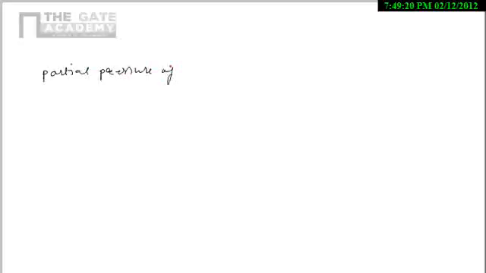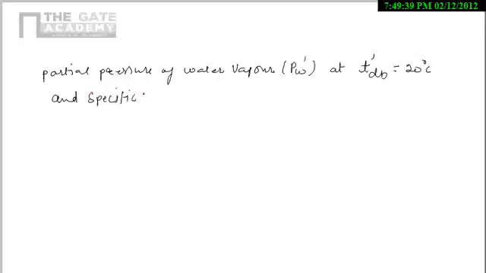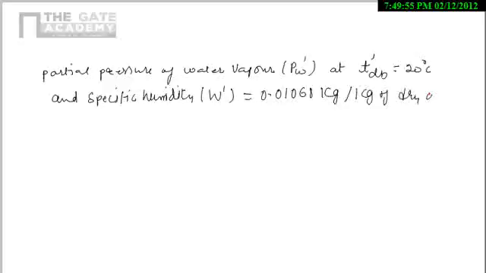So the partial pressure of water vapor, denoted by PW dash, at T dash equals 20 degrees centigrade and specific humidity W dash equals 0.01068 kilogram per kg of dry air.